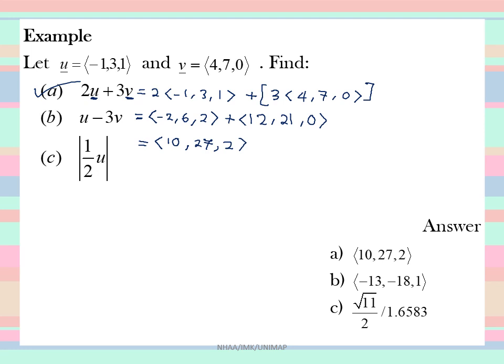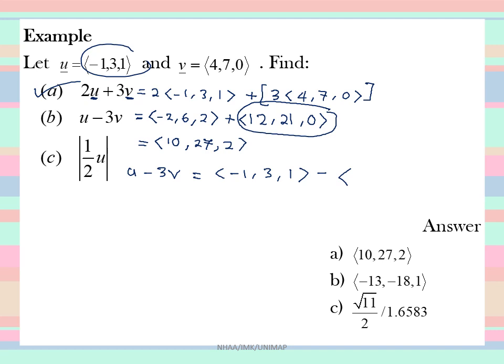Now B. You need to deal with u minus triple v. We have done triple v here, and u is here, so u minus 3v is equivalent to (-1, 3, 1) minus (12, 21, 0).